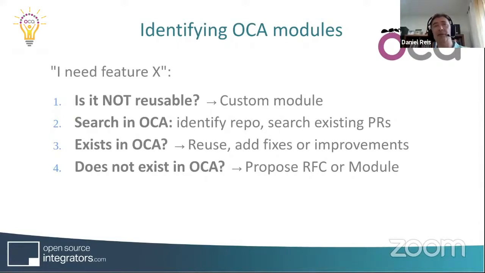If this exists in the OCA, you should reuse it. That means if you're lucky, just get the code, use it in your module, on your project, and you're done. And sometimes it's not quite there. While you're testing it, you find bugs and you contribute fixes. And this is not an afterthought.